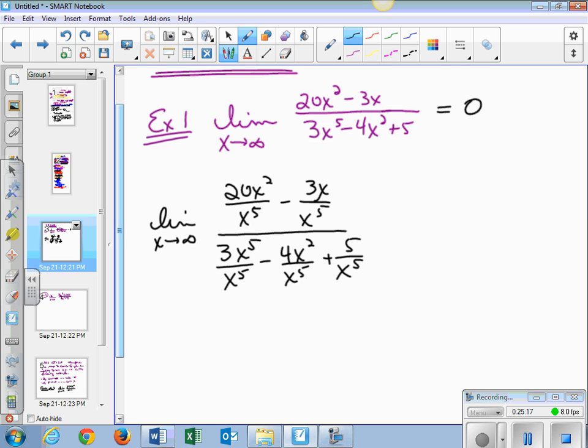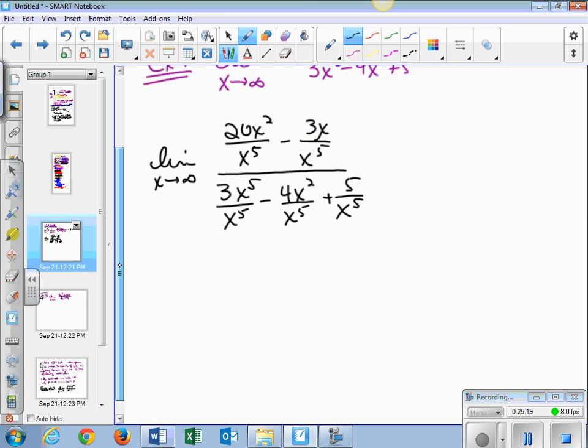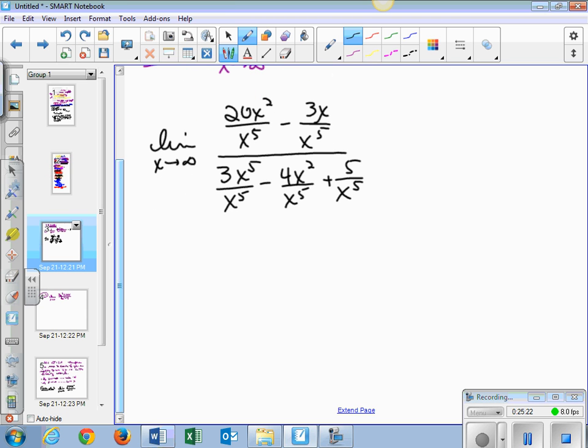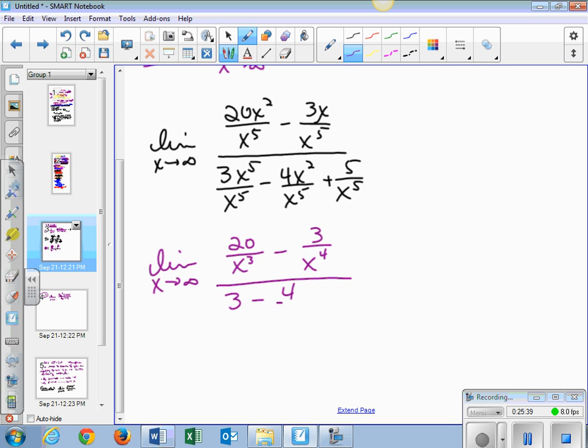Okay, so once I divide everything by x to the fifth, I'm actually going to simplify it. And you probably could have simplified it as you went and saved yourself a little time. So this would be 20 over x cubed as the first term, minus 3 over x to the fourth. Down here in the denominator, I'm just going to get a 3 minus 4 over x cubed plus 5 over x to the fifth.